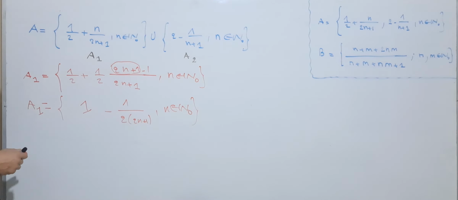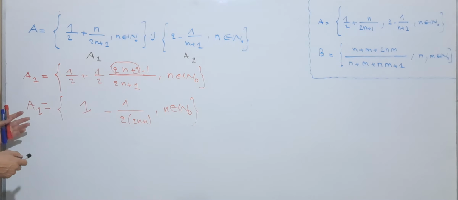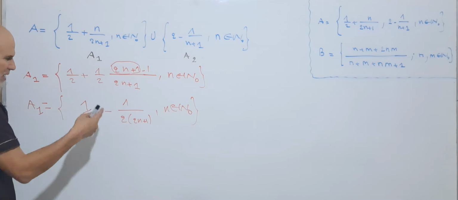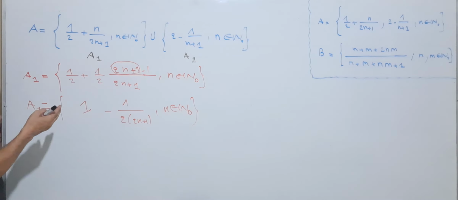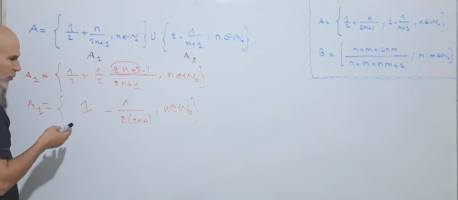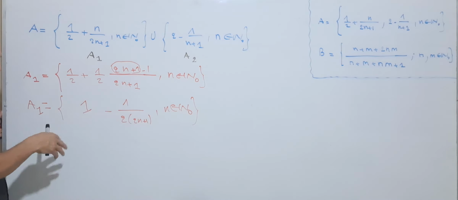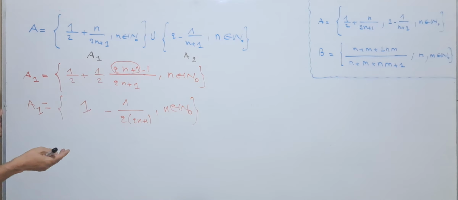I can tell you that you can use the sequential characterization of supremum and infimum, since this set is defined just by sequences. Try to see if it is increasing or decreasing, and you have very nice and very quick results.